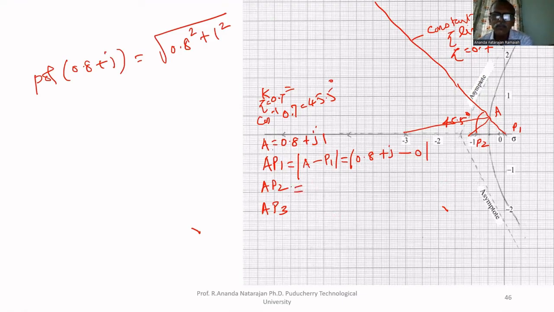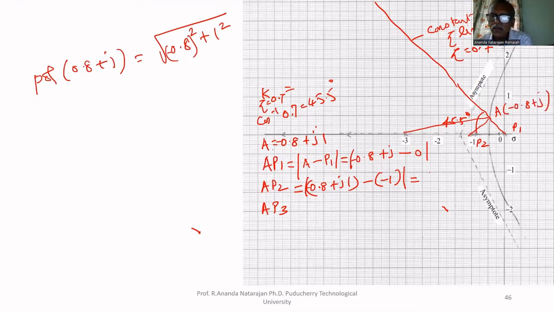AP2 equal to what? AP2 equals modulus of minus 0.8 plus j1 minus P2, and P2 is at minus 1. Therefore, the magnitude equals modulus of 1 minus 0.8 plus j, because A is at minus 0.8 on the negative side.